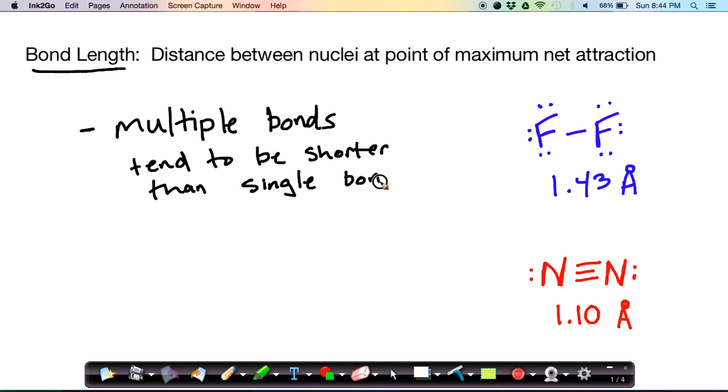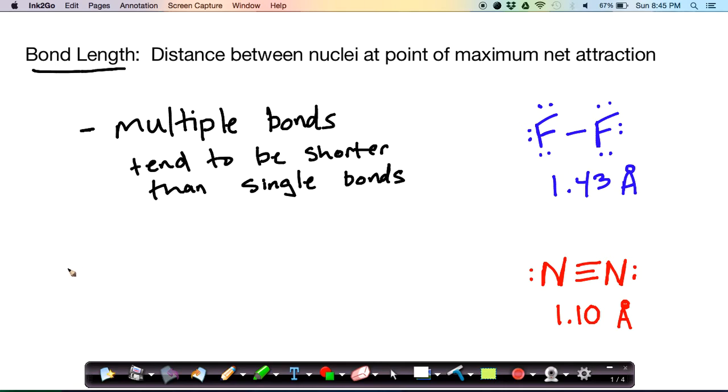Of course, there are always exceptions to these generalizations, but if we were to compare a single bond versus a double bond versus a triple bond, it would be reasonable for us to conclude that the triple bond would be the shortest of those three bonds, and the single bond would be the longest.